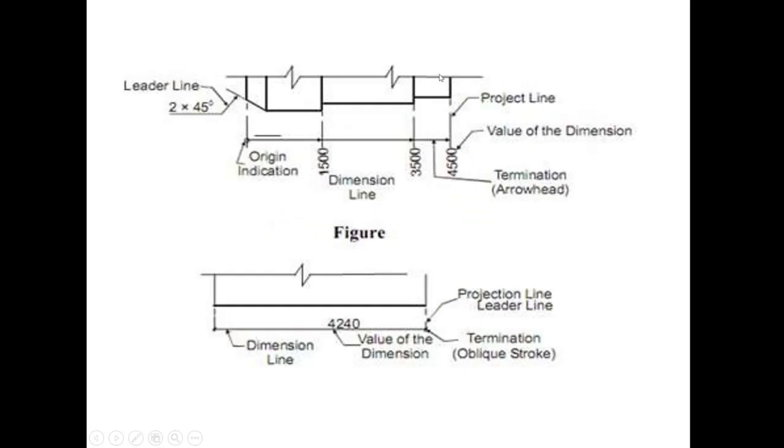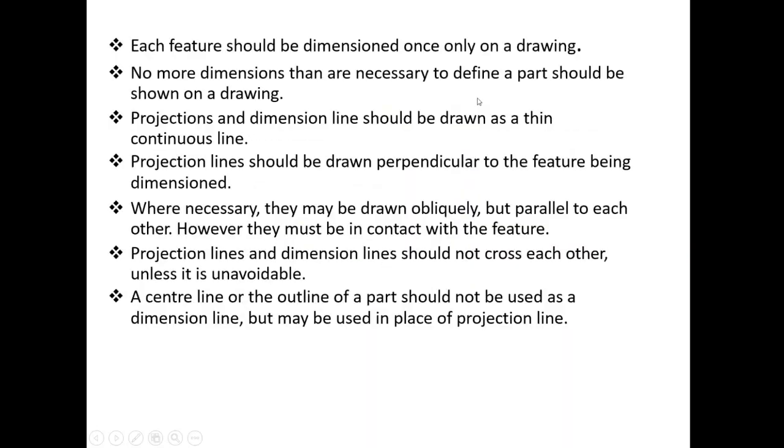Now we have to give dimension to this, so we have drawn the projection line which is perpendicular to this outline. Whenever necessary, they may be drawn obliquely but parallel to each other. However, they must be in contact with the feature.